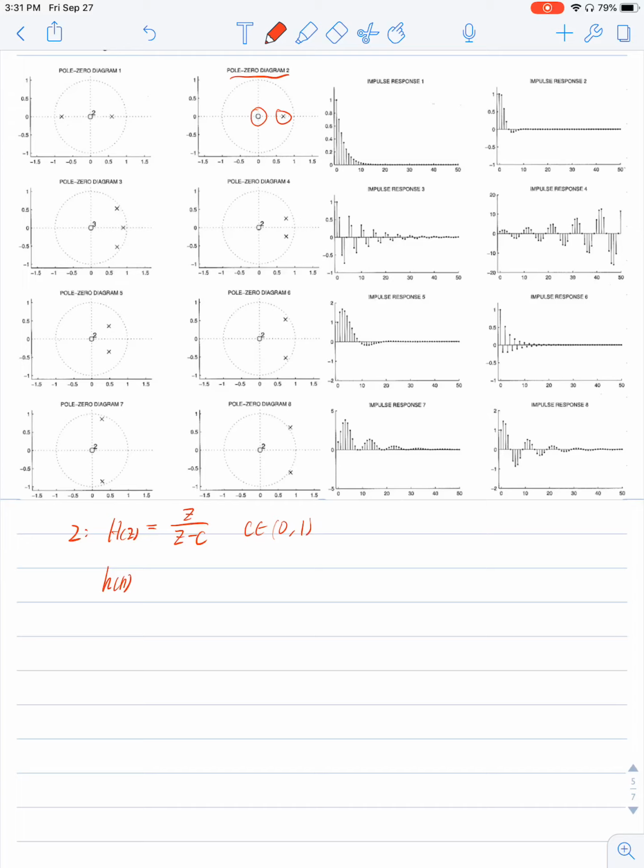Thus, the impulse response h[n] is c to the power of n times u[n], where c is between 0 and 1. It is a monotonically decaying system, so the only possible impulse response is 1, because it's monotonically decaying.